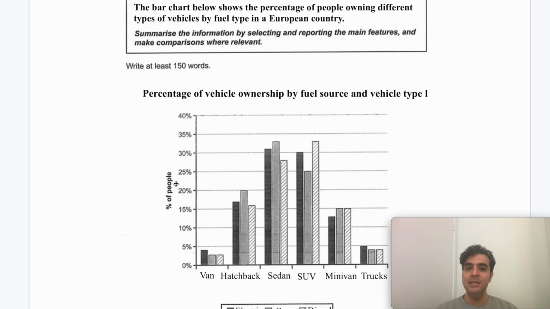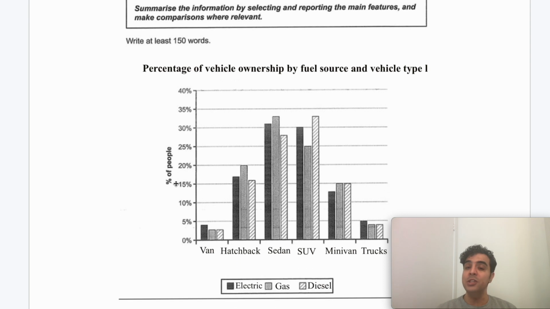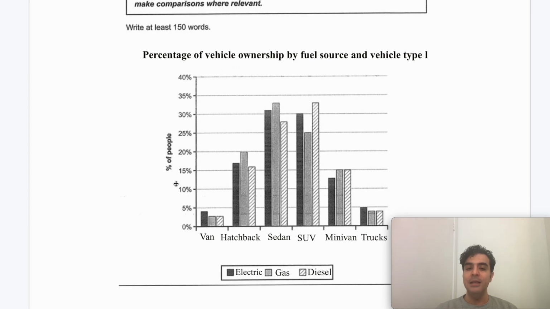So putting this together with what we saw in the question, the percentage of people owning different types of vehicles. So it shows vehicle ownership across different categories, right? So as you can see, we have quantities, once again, in percentages represented by the vertical axis, and different types or classifications of the data represented on the horizontal axis.